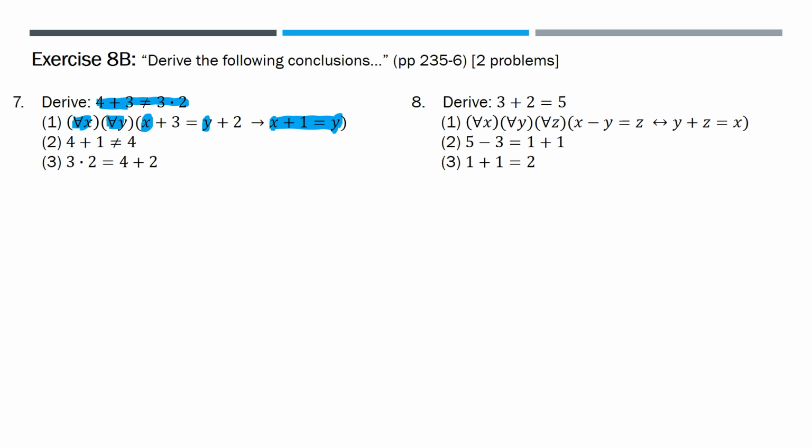For y, we're also going to want 4, then we can match the second premise, although, of course, those statements will be contradictory vis-a-vis each other. So for line 4, we can get for all y, 4 plus 3 equals y plus 2, arrow, 4 plus 1 equals y by the universal instantiation line 1.